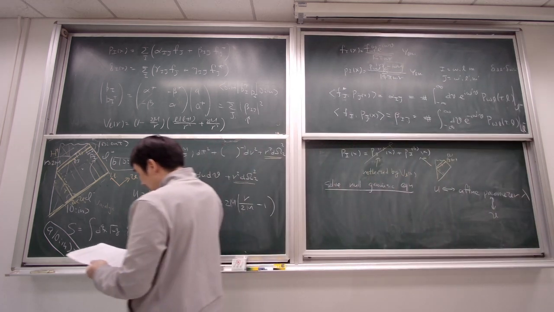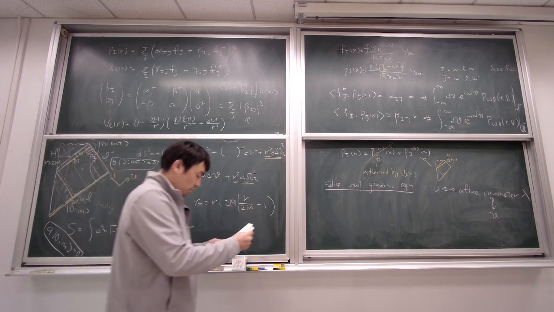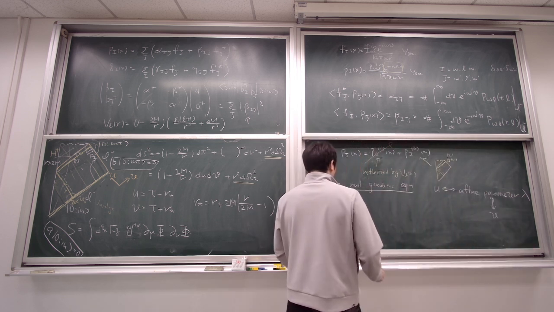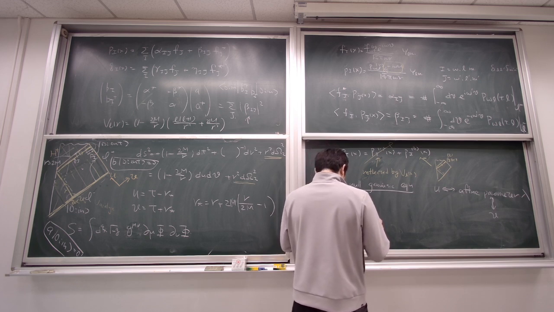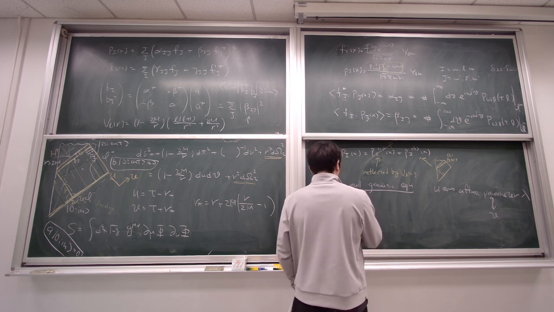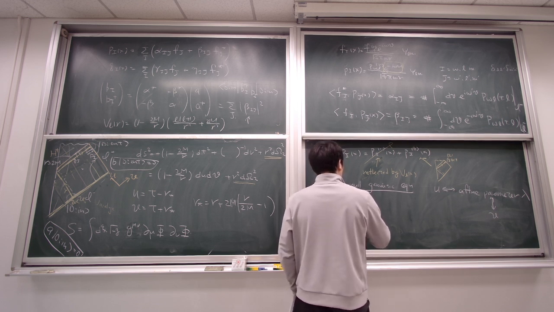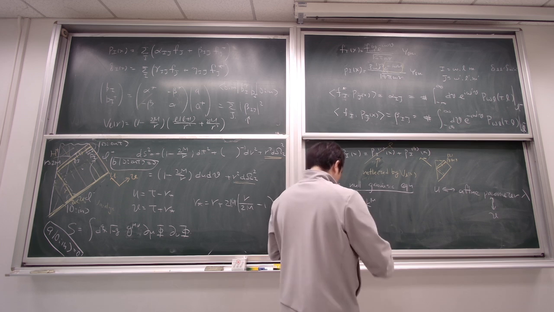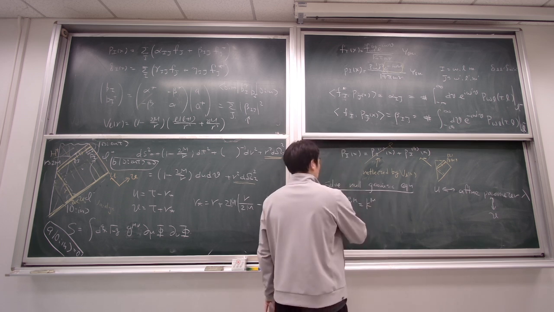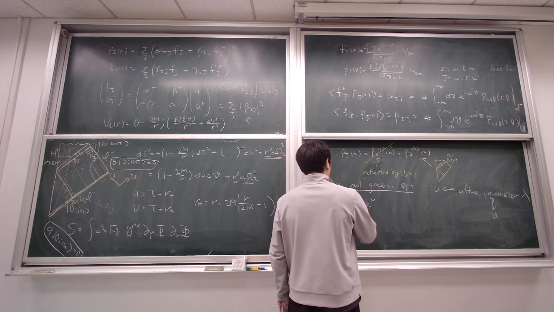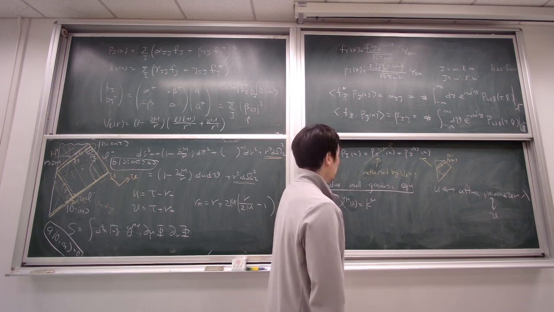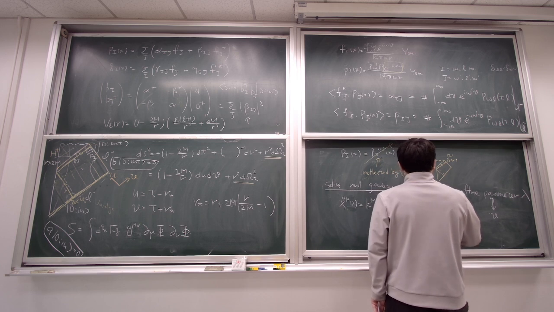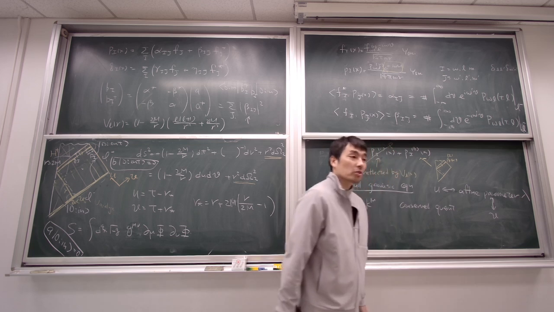Okay, so the null geodesic equation we already solved many times. First of all, if you have x dot mu equal to k mu, here dot means the derivative with respect to the affine time lambda. Then conserved quantities: how do you measure a conserved quantity?